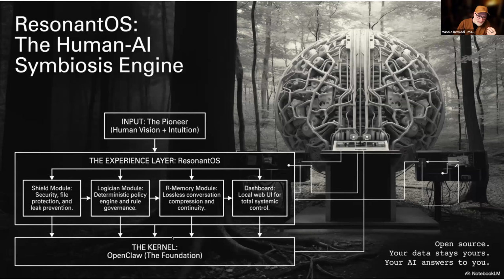At the moment, ResonantOS runs on top of OpenClaw because I see OpenClaw as an opportunity. There are a lot of people investing in improving, in building, in implementing, so there is going to be a lot of opportunity for this OpenClaw.